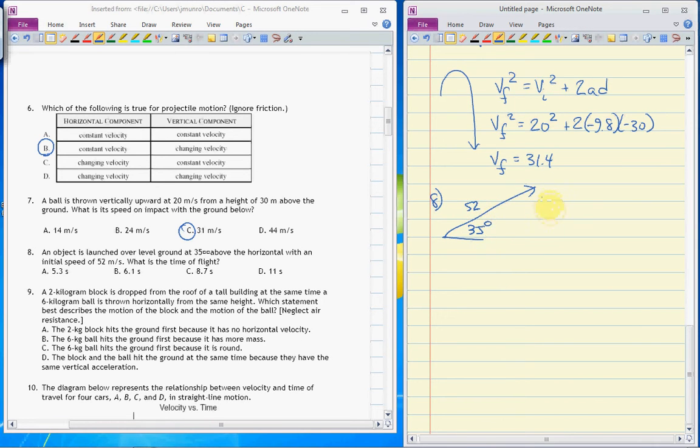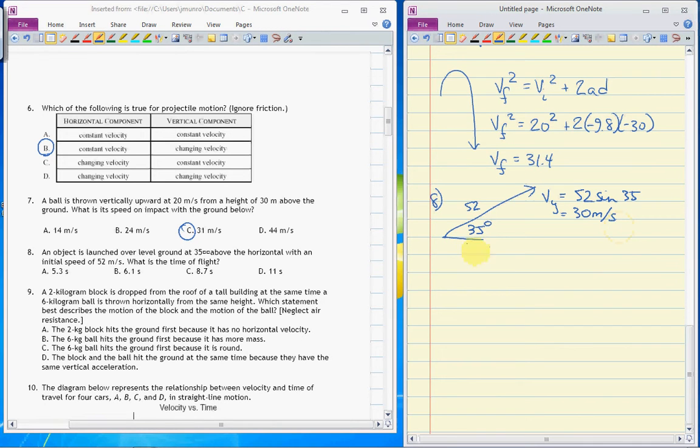Work out our component, Vy. Vy is the opposite. So 52 sine of 35 gives us 30 meters per second for the initial. It wants to know the total flight time.